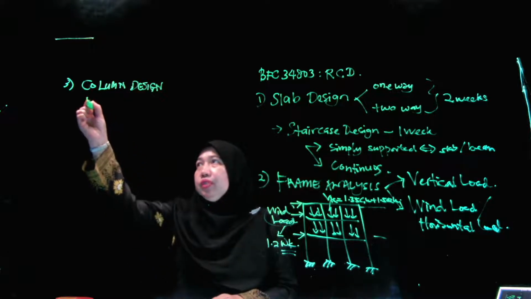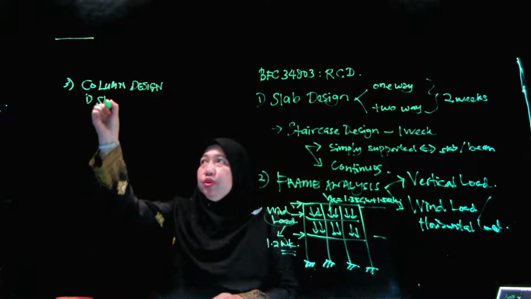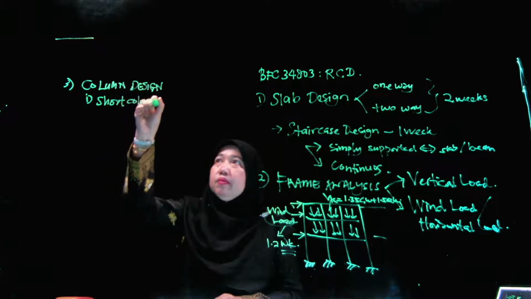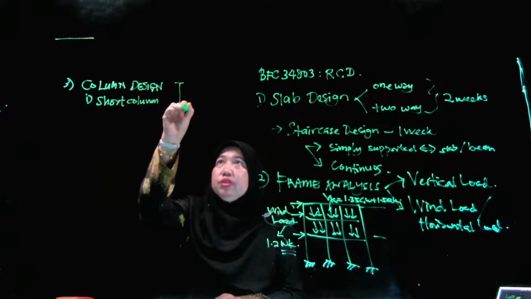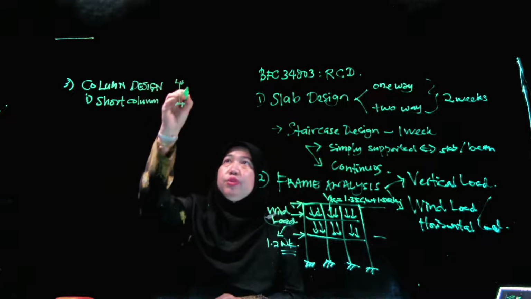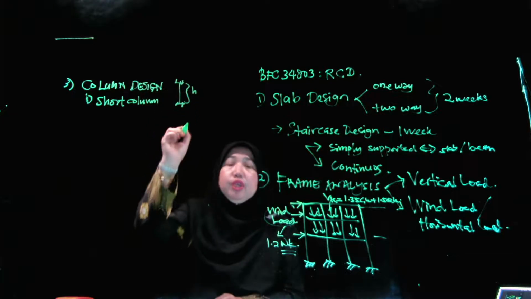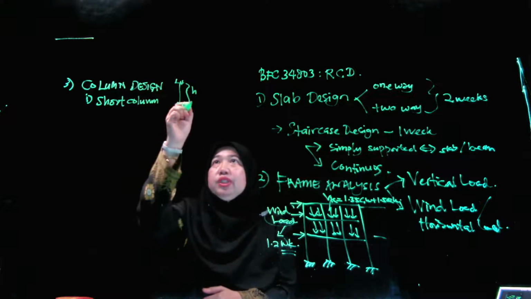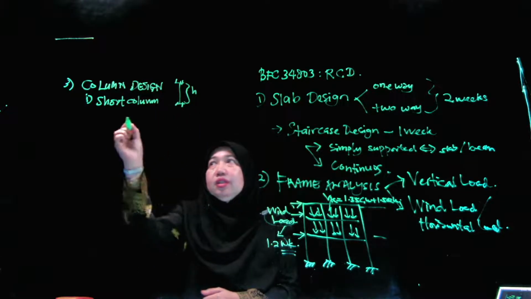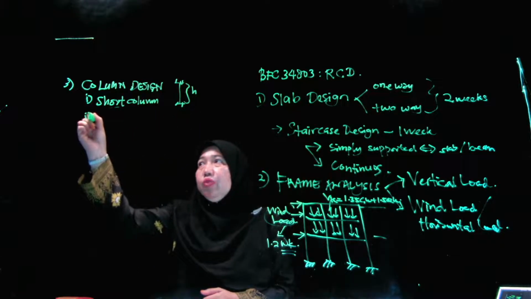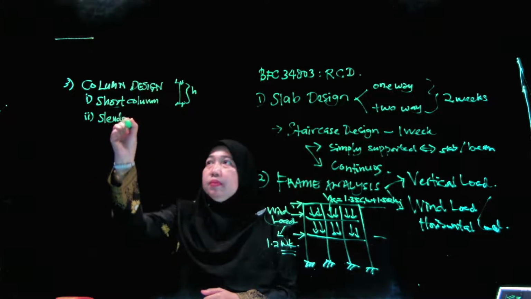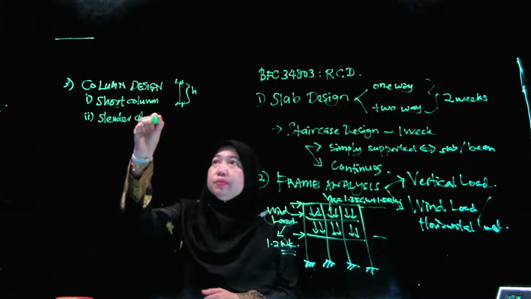The first one is short column, so you need to find the H value, the height of the column, whether it is short or the second one, slender column.